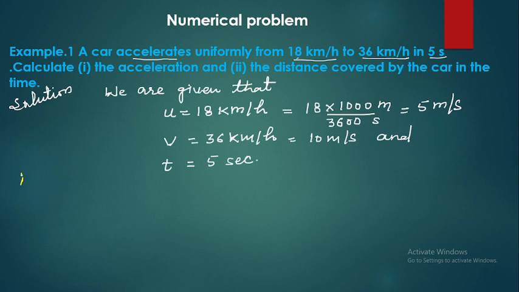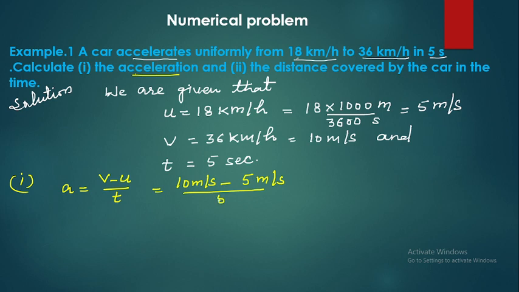First part, acceleration. We know the acceleration a is equal to v minus u upon t. Putting the values, 10 meter per second minus 5 meter per second upon 5 seconds is equal to 5 meter per second upon 5 seconds.